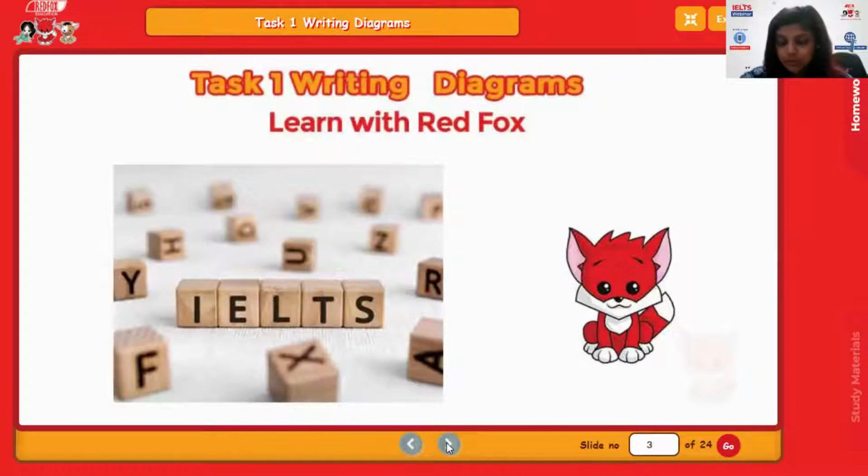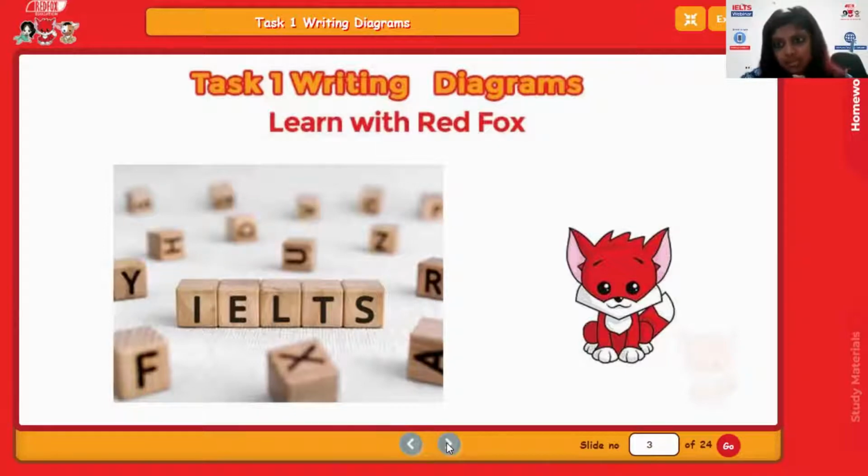IELTS has four parts. It tests you on four skills: reading, writing, listening, and speaking. Today we are going to be looking at task one writing.